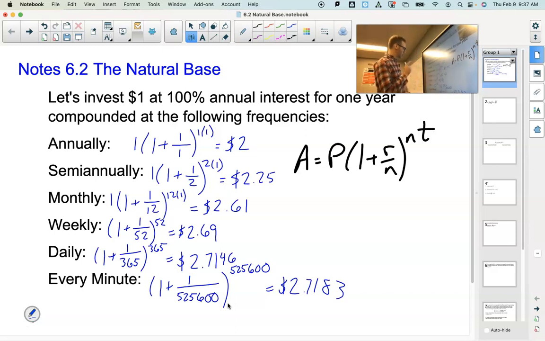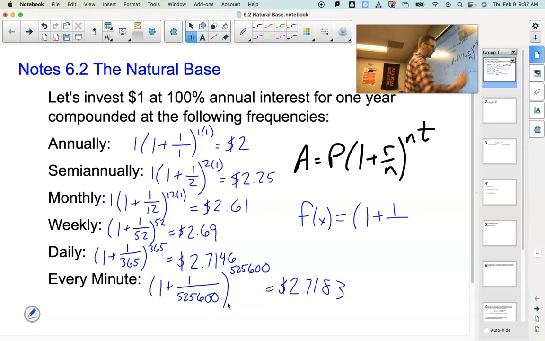If I took this concept and thought about it as a function and used x instead of n, what would that function be? 1 times 1 plus 1 over x, to the, well, it's always to the same number, isn't it?